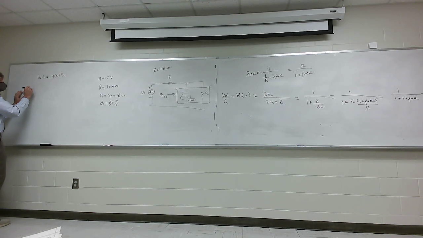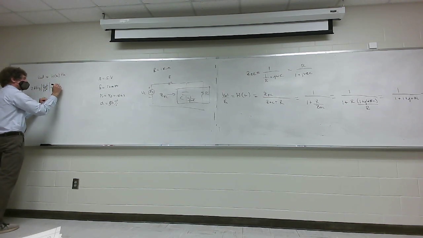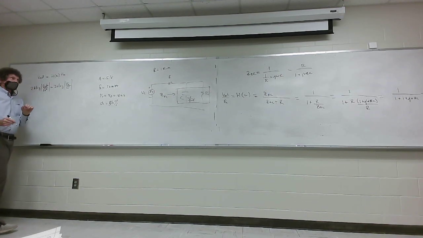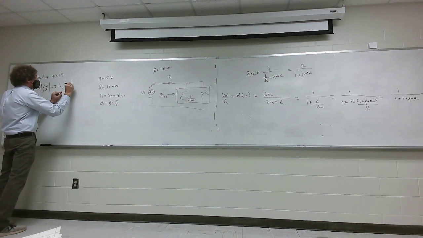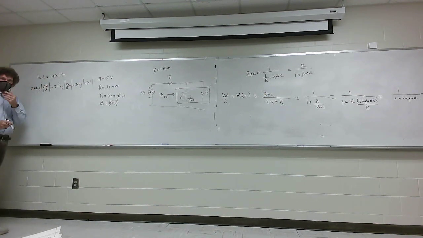Then you get 20 times the log of the magnitude of V out over 10 to the minus 6, which is equal to 20 times the log of the magnitude of V in over 10 to the minus 6, plus 20 times the log of the magnitude of H of omega. Do y'all agree with that?